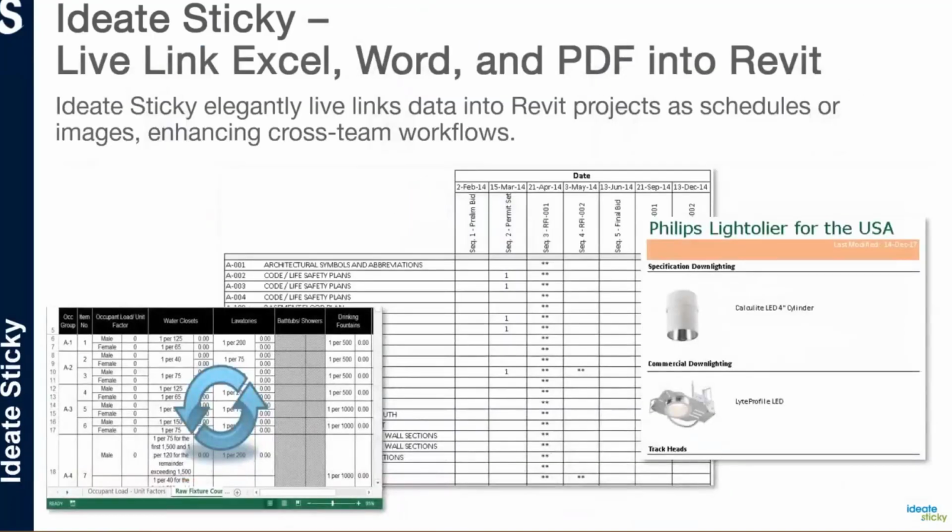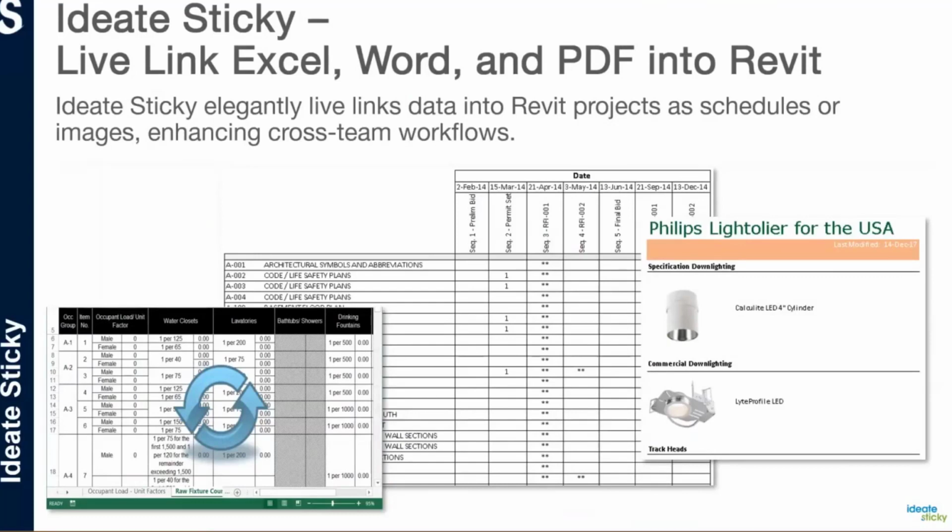Ideate Sticky allows you to live link Excel, Word, and PDF into your Revit projects and keep them up to date, so that they are live links. If the information changes out in Word, Excel, or PDF, it's going to update within your project. Ideate Sticky's been around for about 5 years, but specifically it was dealing only with Excel.